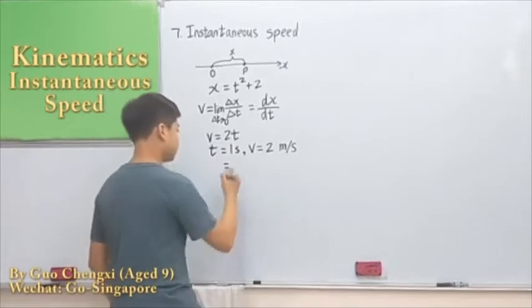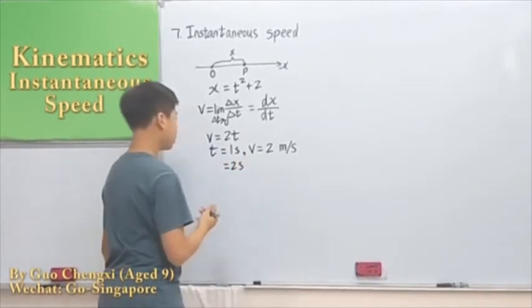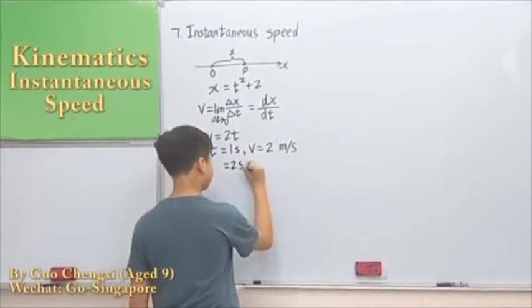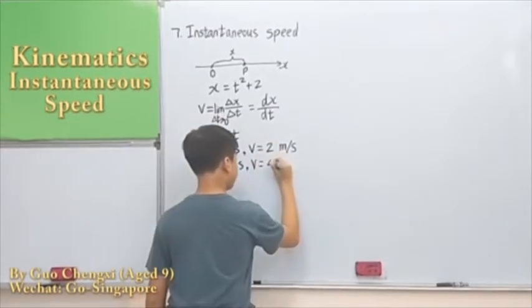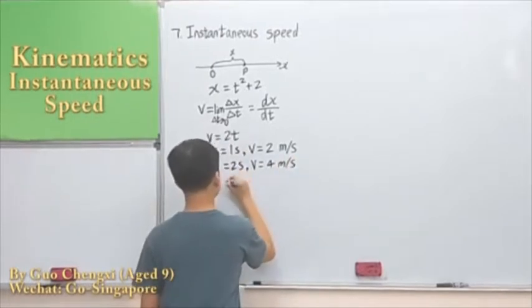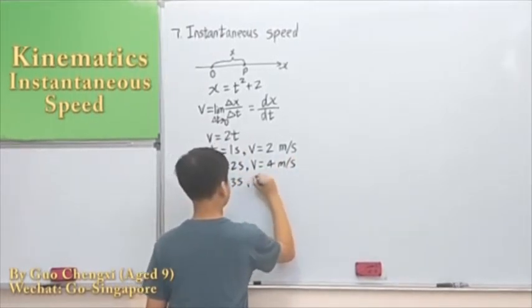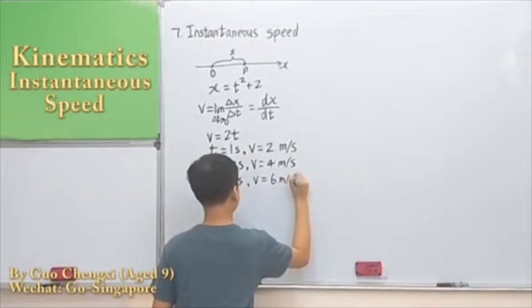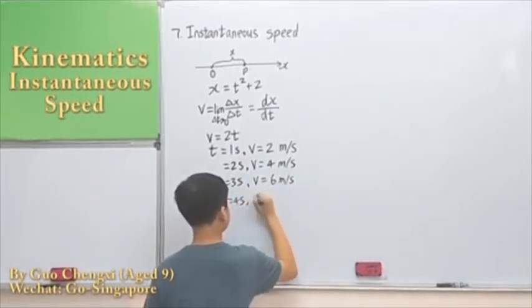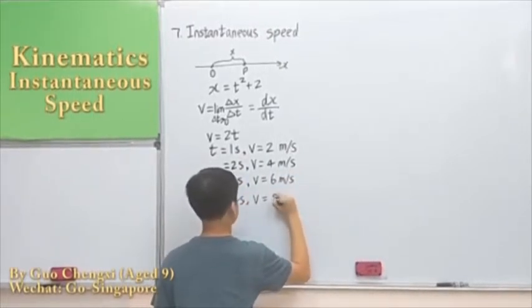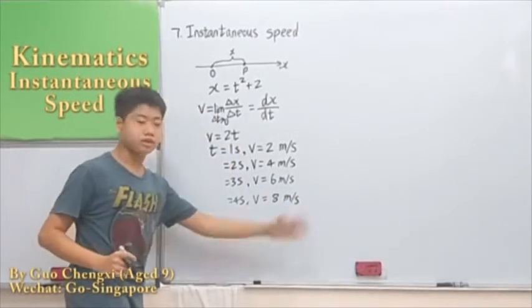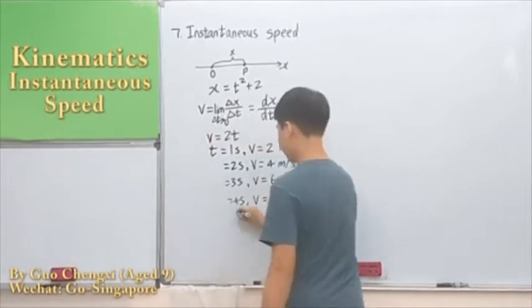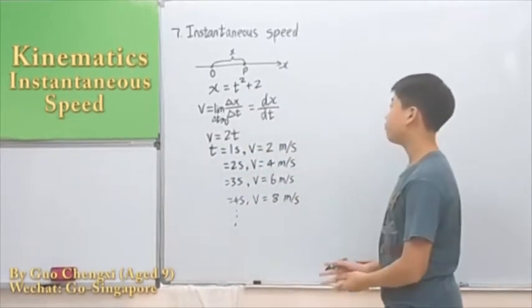What if t is 2 seconds? Then the speed will be 4 meters per second. For 3 seconds, you'll get 6, for 4 seconds, you will get 8, and for 5 seconds and so on.